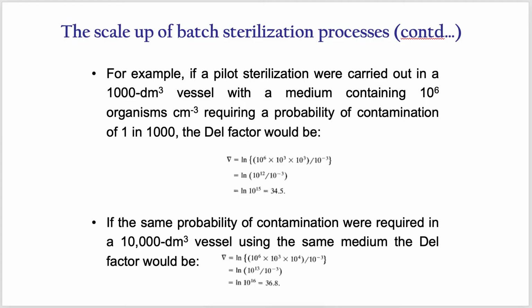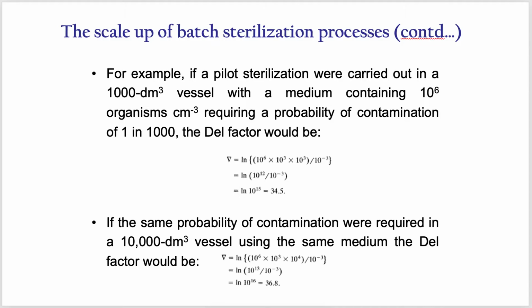But we know that the final fermenters are big, so we just cannot do this study. We cannot do the optimization for our final fermenter. So we do the optimization using the pilot sterilizer, or pilot sterilization, and then we can scale it up for the bigger fermenter.